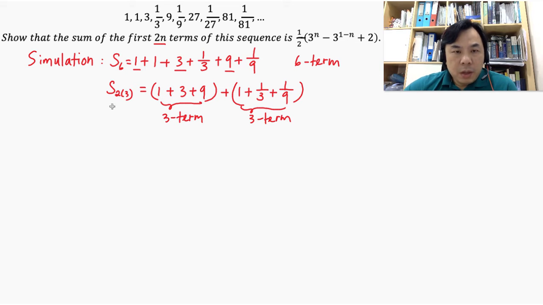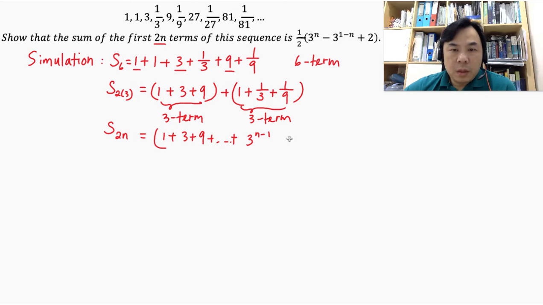If this is the case of 2n, then I should have 1 plus 3 plus 9 plus, and so on, until my nth term. You can see that this is a geometric series, and the nth term for this would be 3 to the power of n minus 1.